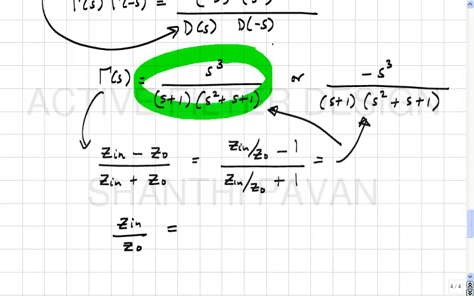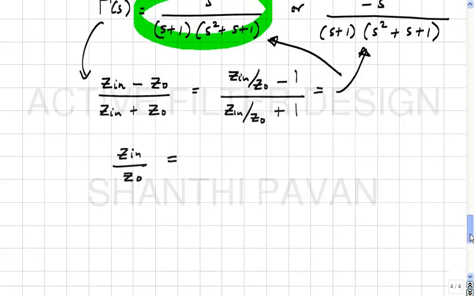D of s, if I simply expand it out, is s cube plus s square plus s square plus s plus 1. So what is Zn by Z0?